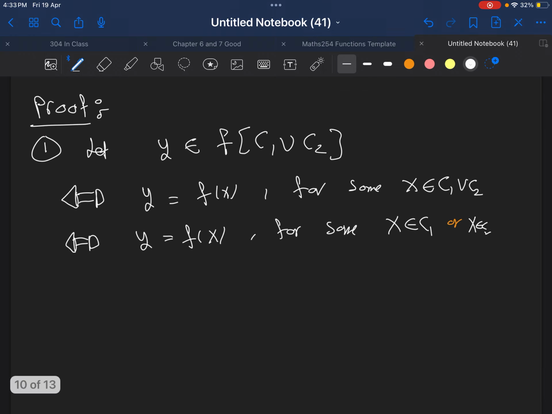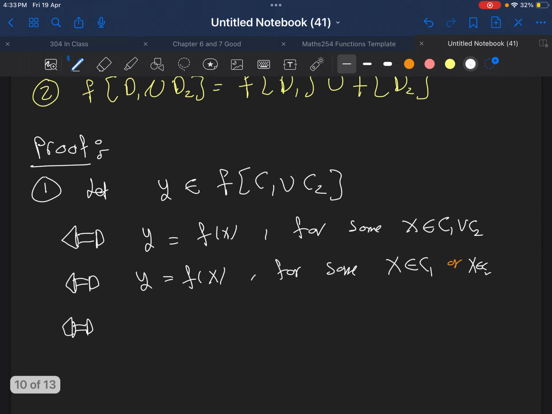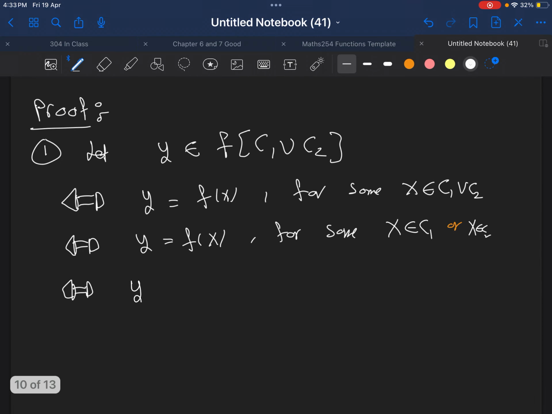What does that mean? It means y is in f of C1. This is the first option because it is equal to f of x for x in C1, or y is in f of C2 where x may be in C2.